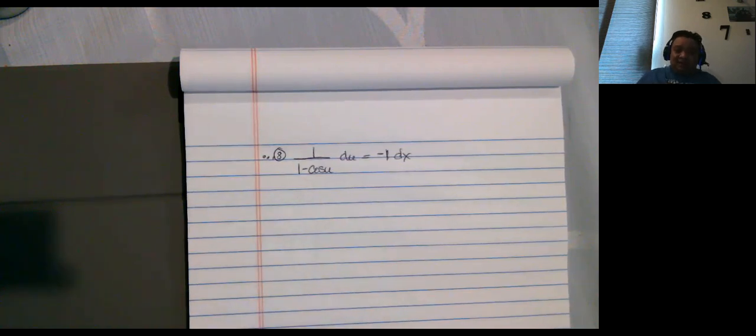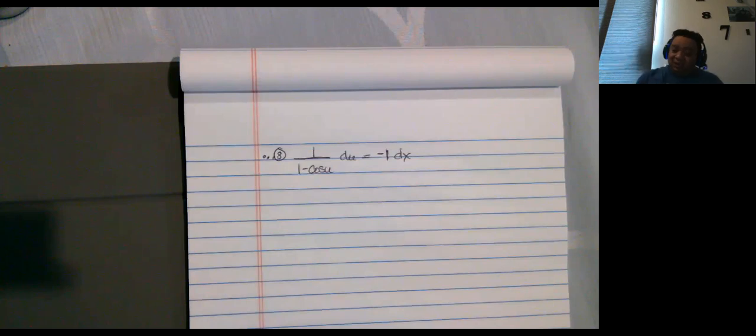Any ideas on how to integrate 1 over 1 minus cosine u? By the way, you cannot split the fraction, right? So you're unable to split that fraction on the left side, okay? You can only do it if the subtraction is on the numerator. If it's on the denominator, you can't do it.